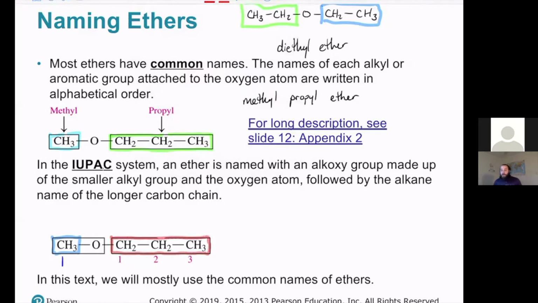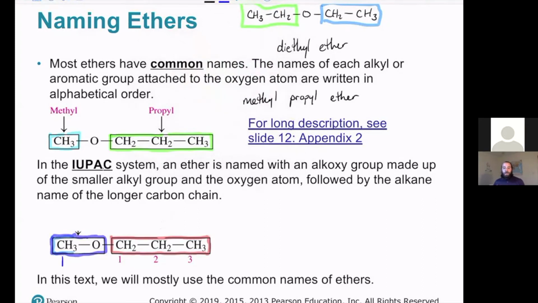And then what you're going to do is whichever group is smaller, you're going to lump the oxygen in with that group. So this was the smaller in terms of the length of the carbon.